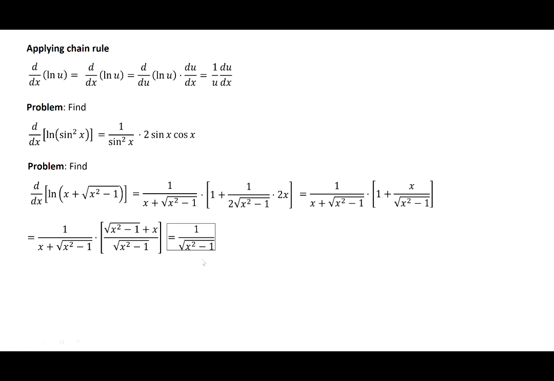When you come to calculus 2, this would be one of the problems. We don't say antiderivative, we say something called integral. What is the integral of 1 over square root of x square minus 1 dx? We go through a big long procedure and show that in fact that is equal to natural log of x plus square root of x square minus 1. But it's fascinating to see that the derivative of this is this.